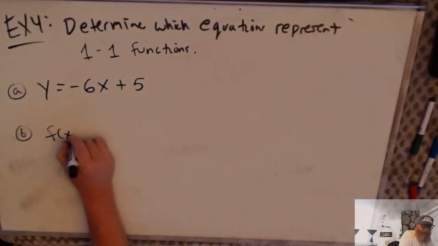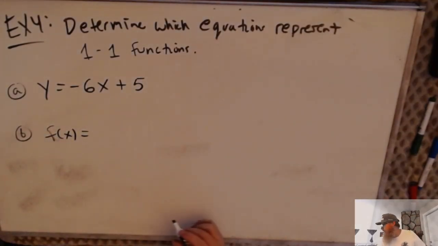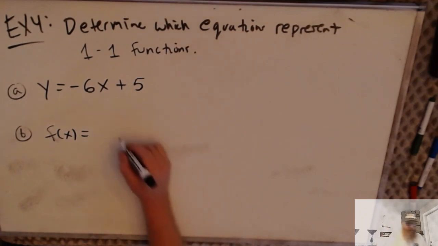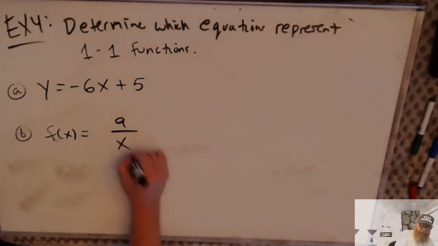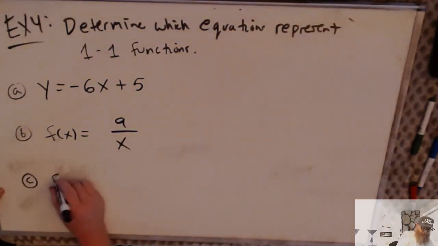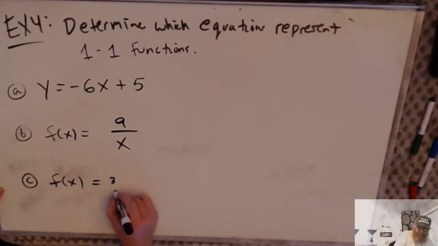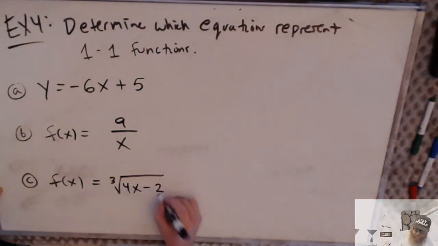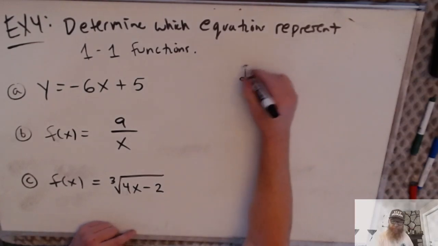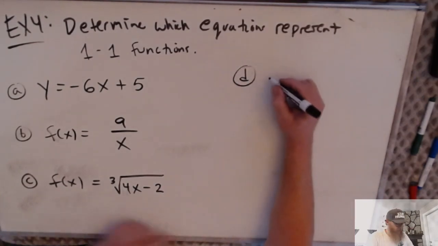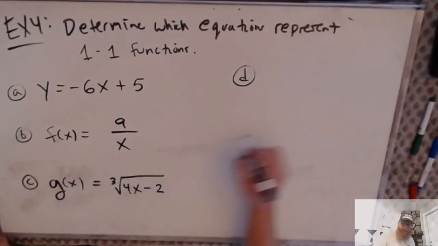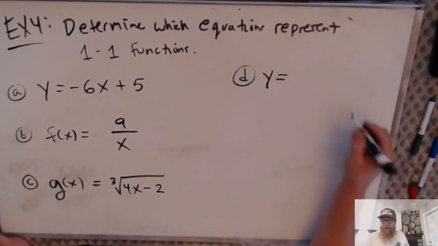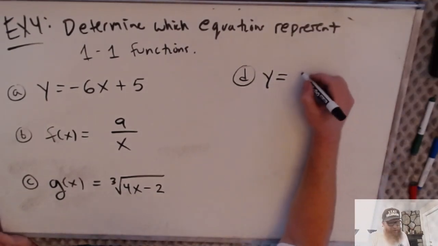F of x equals 9 over x. F of x equals the cube root of 4x minus 2. Or let me call that g of x. I'll use different names. G of x. Y equals 8.